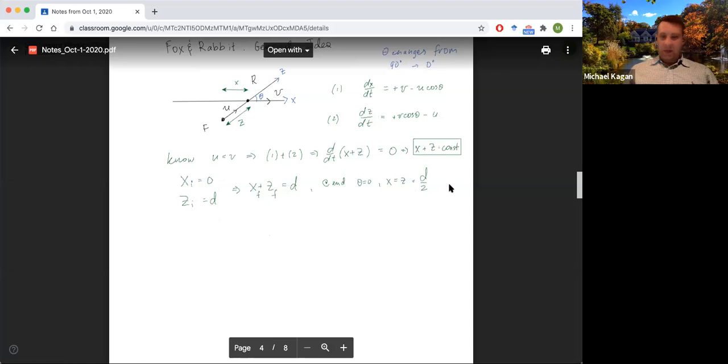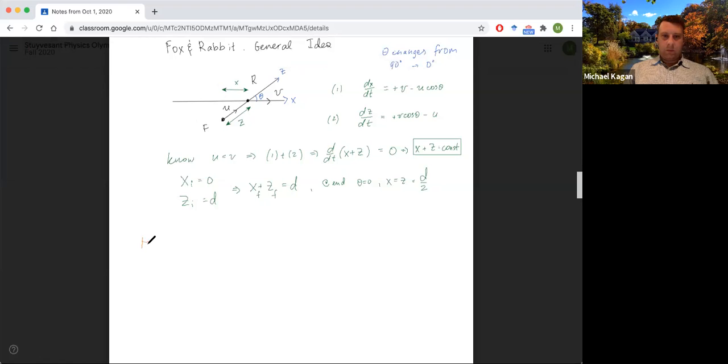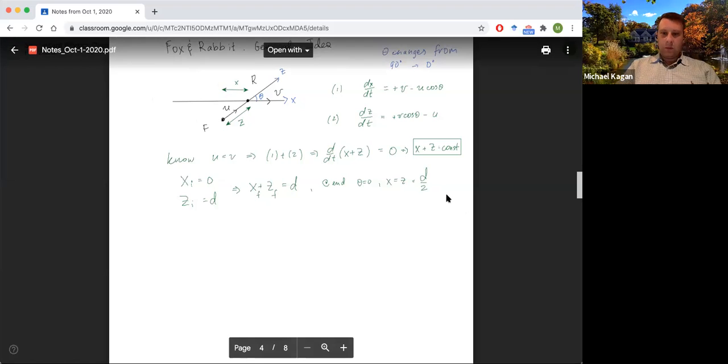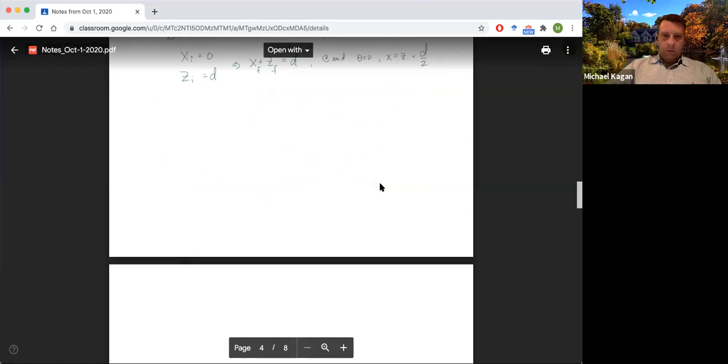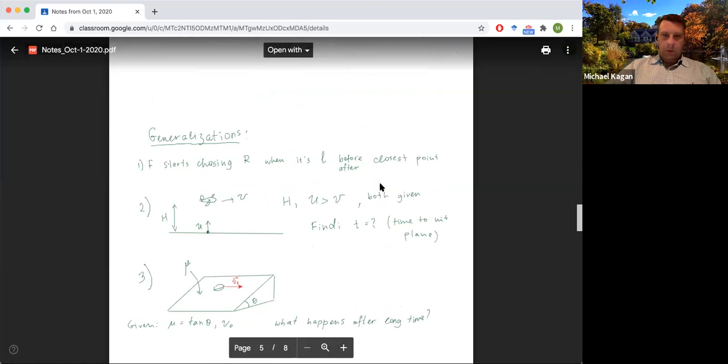But like I said, not everybody attempted it. So make sure you do. I'm just gonna put this extra hint in here. So maybe not on this page, I guess. Yeah, this page.